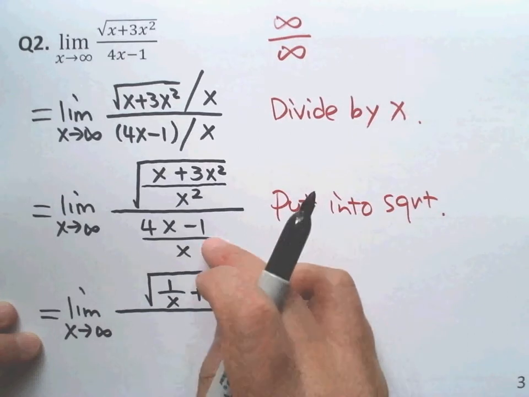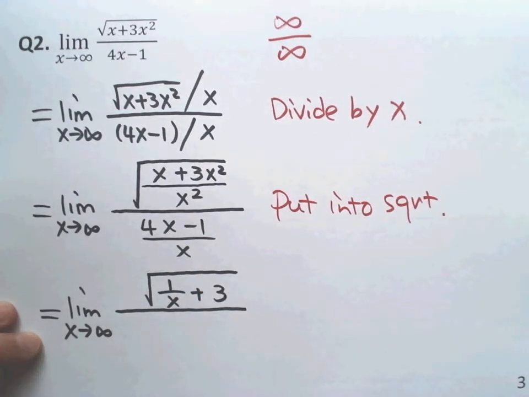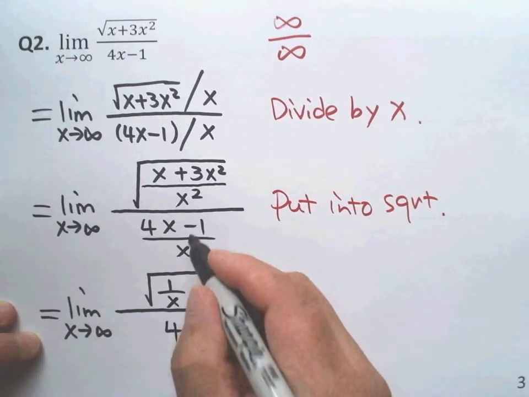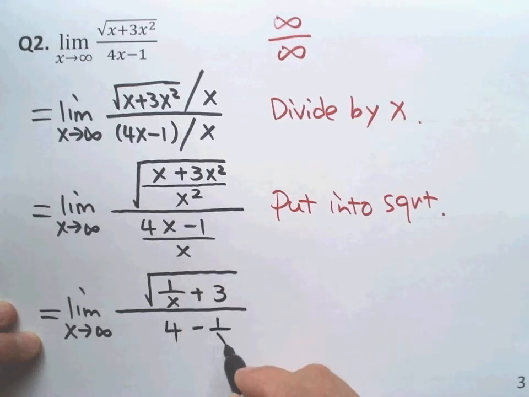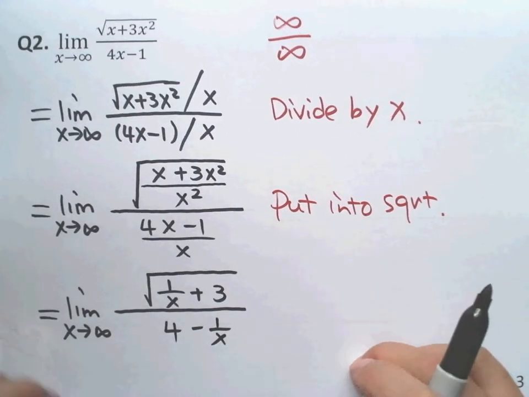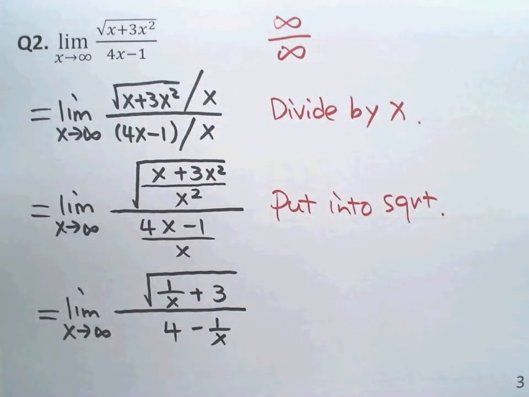This gets much simpler. How about the bottom? 4x over x is 4, minus 1 over x. So this is just expanding.